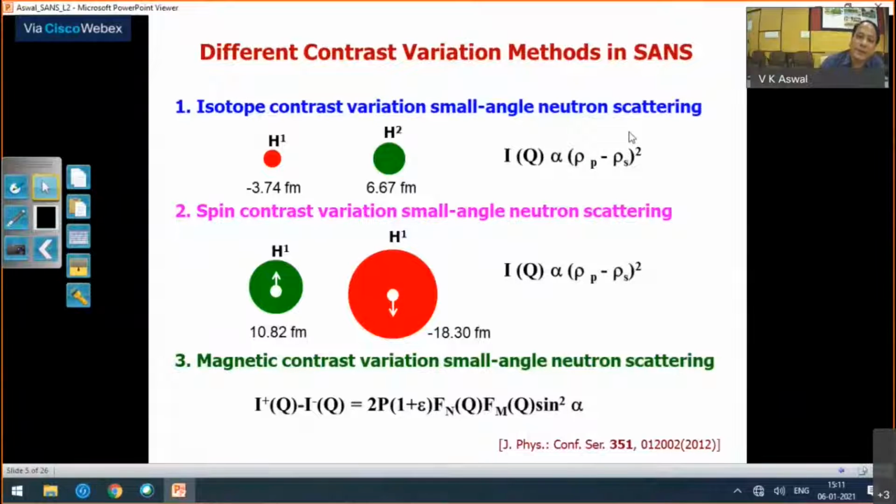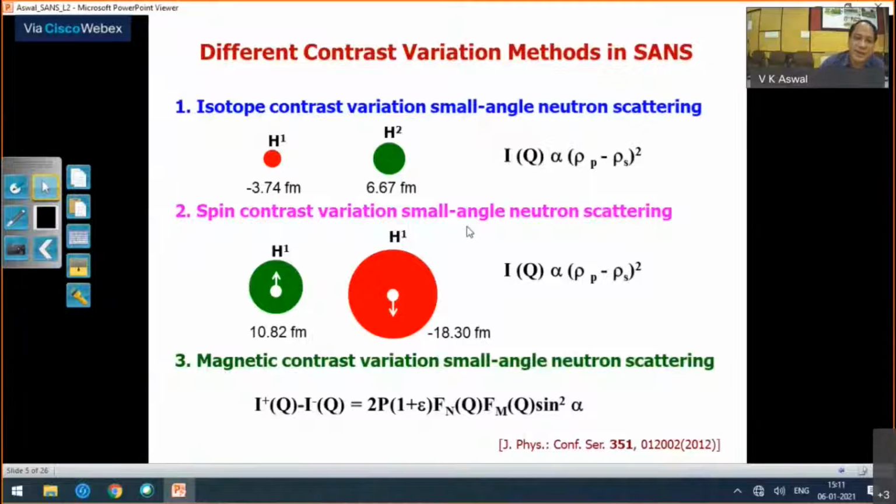This technique is used widely in the field of soft matter and biological systems, where most of the systems are heterogeneous, and that's why this technique is very popular for these fields.